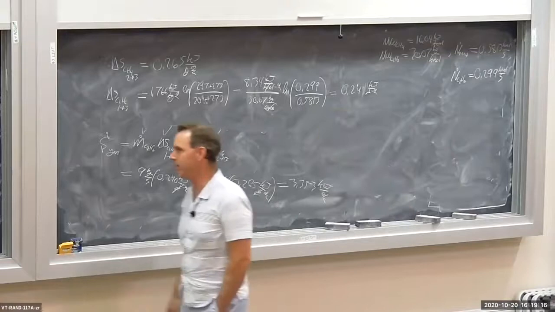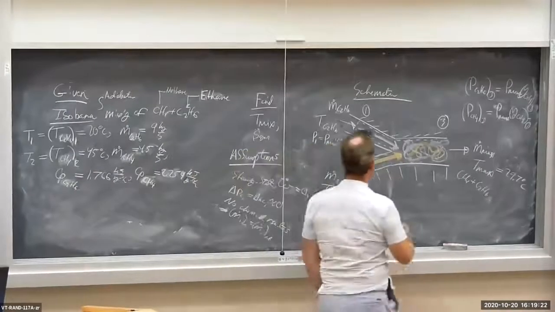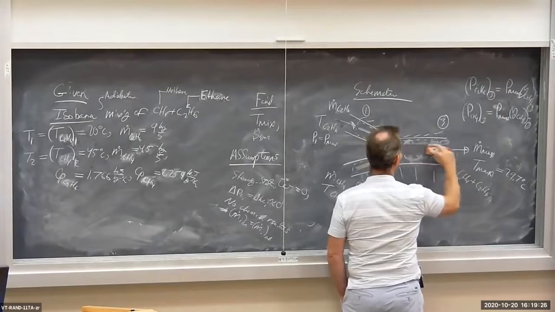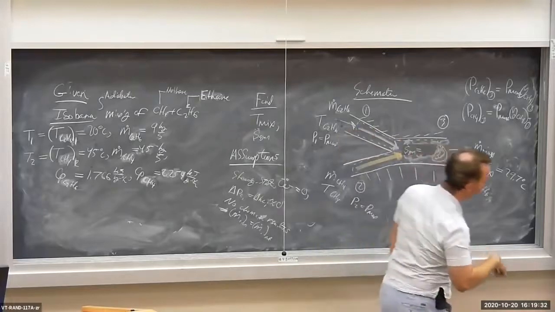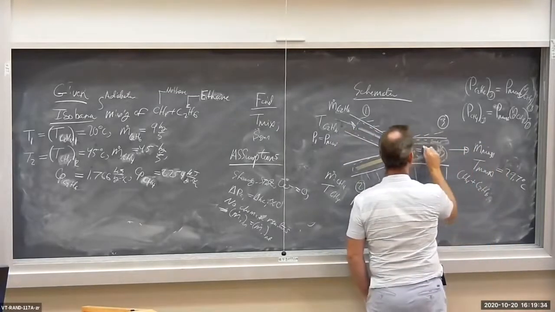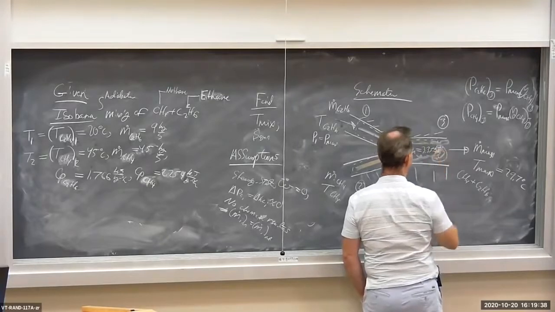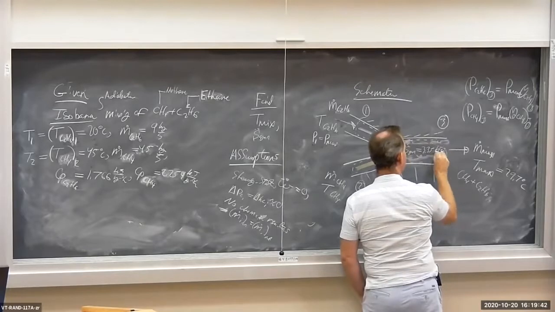So S dot gen, inside of here, during the mixing process, is 3.35 kilowatts per degree Kelvin.